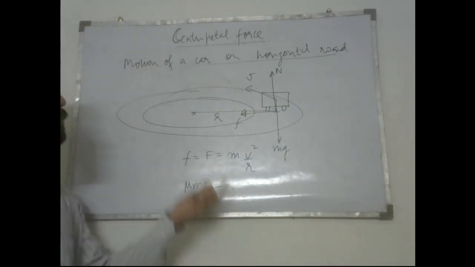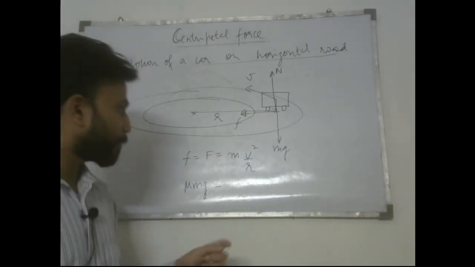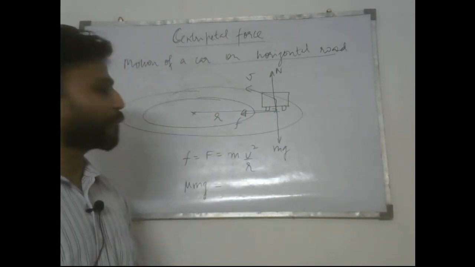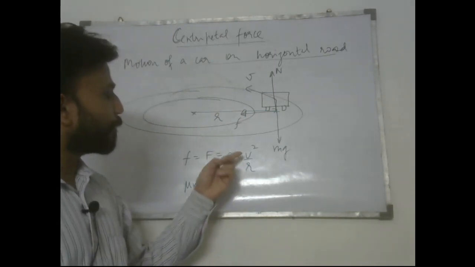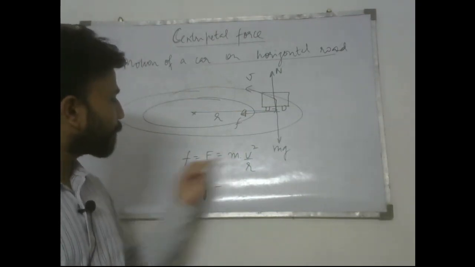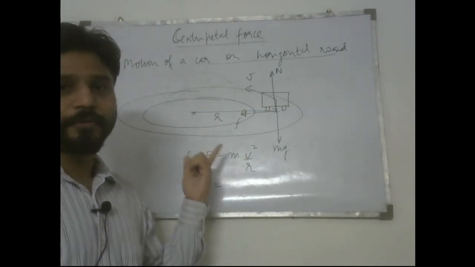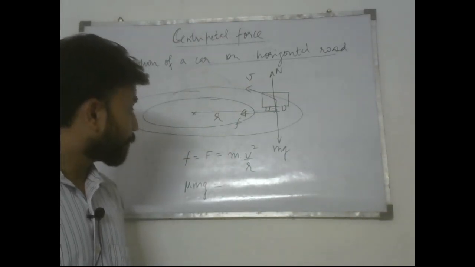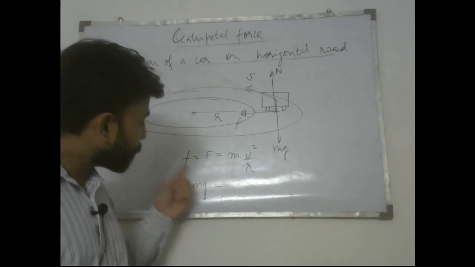For example, if we are going with speed v, the value of friction required is f. If we increase the speed of the car from v to some 1.5 v, then friction would definitely increase, since 1.5 squared is more than 1. So friction increases, and can we provide that friction?